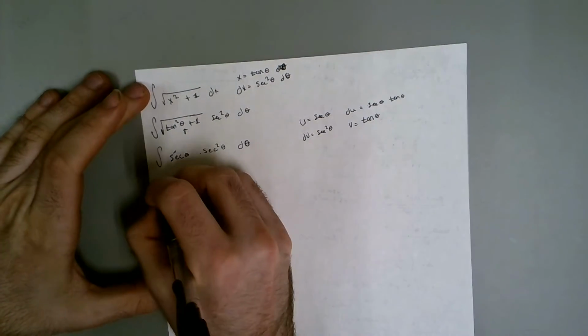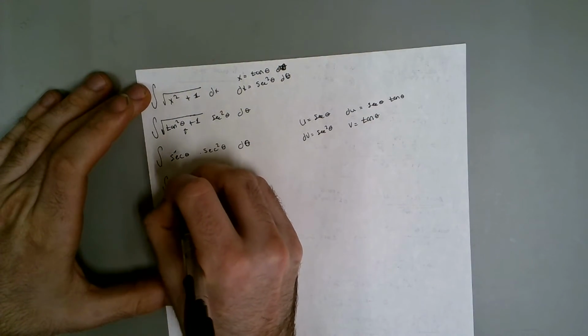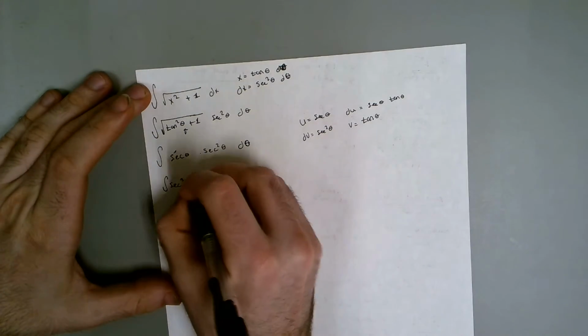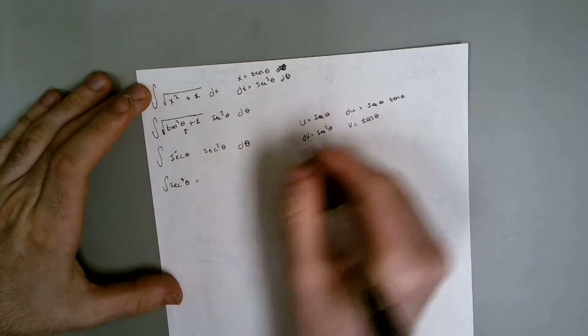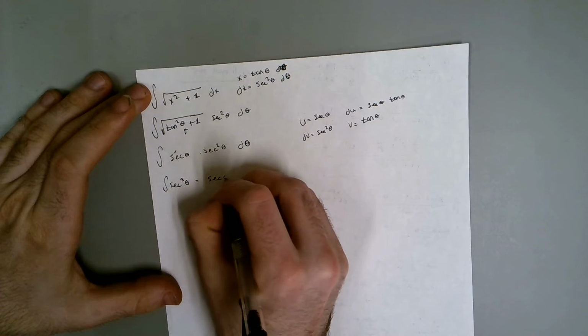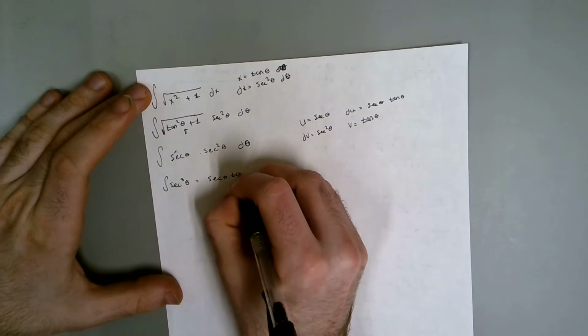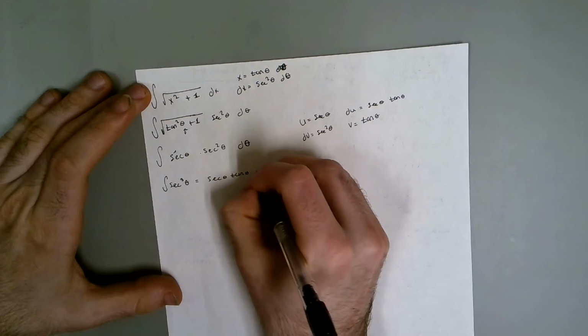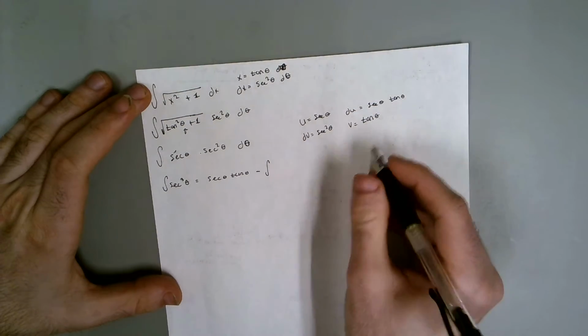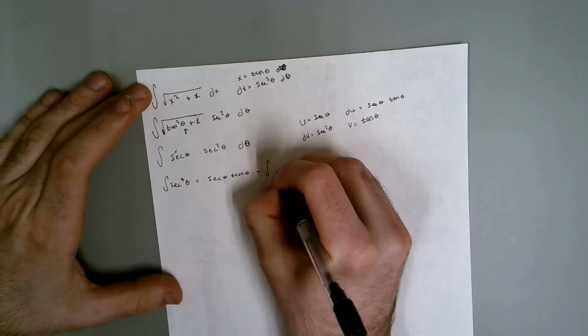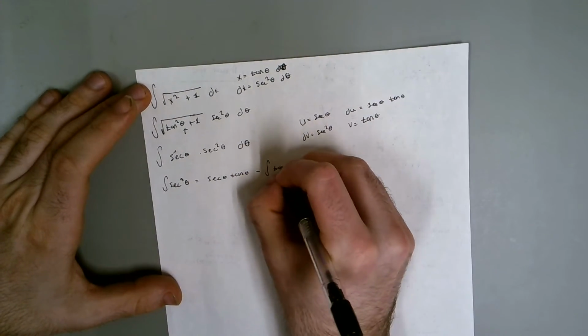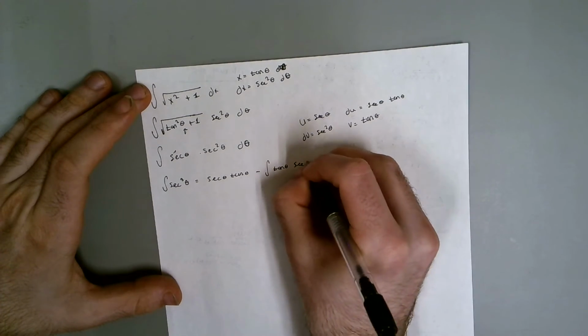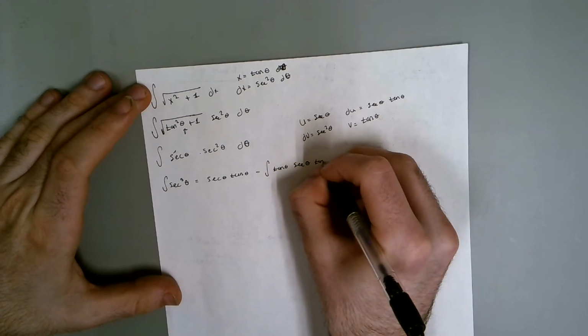Right, and so then we get that the integral of secant cubed theta is equal to our u secant theta, times v tangent theta, minus the integral of our du and our v, so tangent theta secant theta tan theta, right?